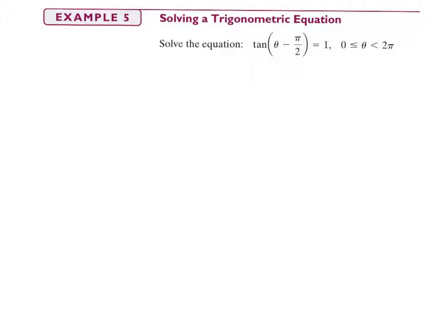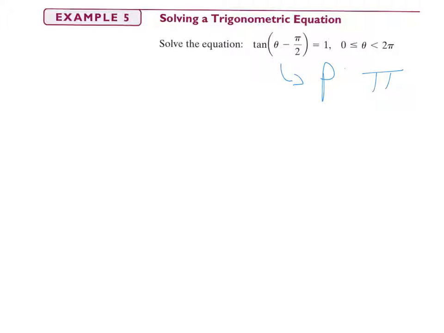Here's another example. Solve this equation: tangent of theta minus pi over 2 is equal to 1, with our angle being from 0 to 2 pi. So remember, the period for tangent is just pi.